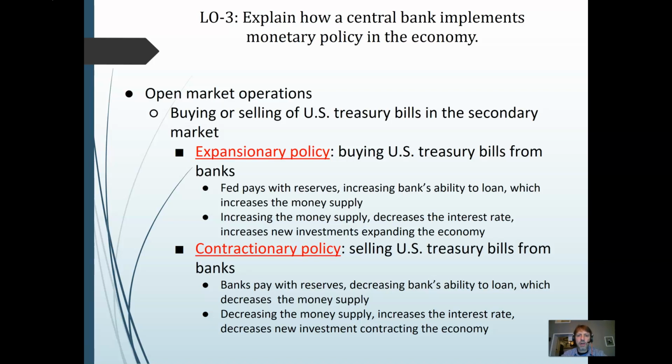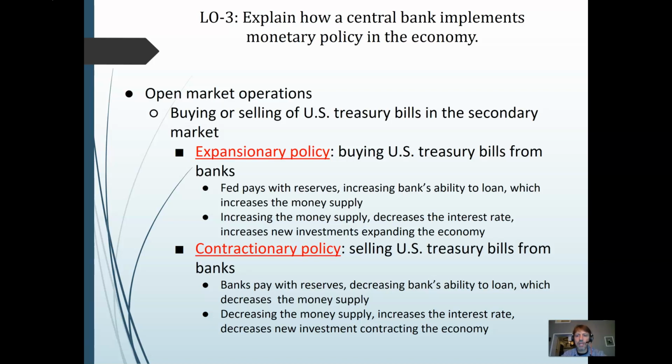So in expansionary policy, they're buying US Treasury bills and putting money out into the hands of businesses and individual consumers to spur the economy. They'll pay with reserves, increasing the bank's ability to loan.